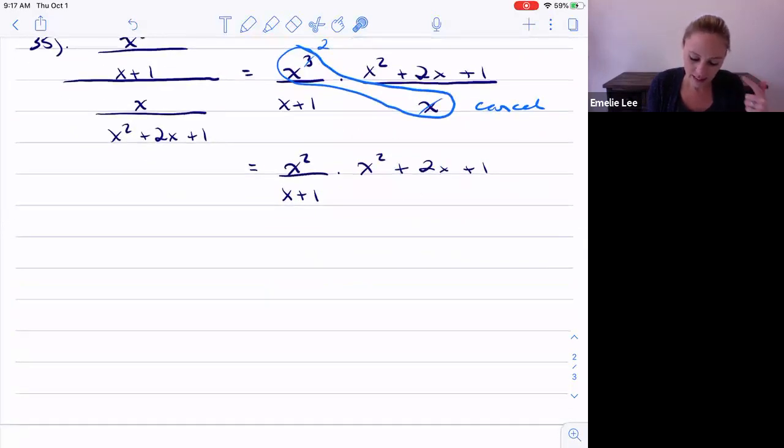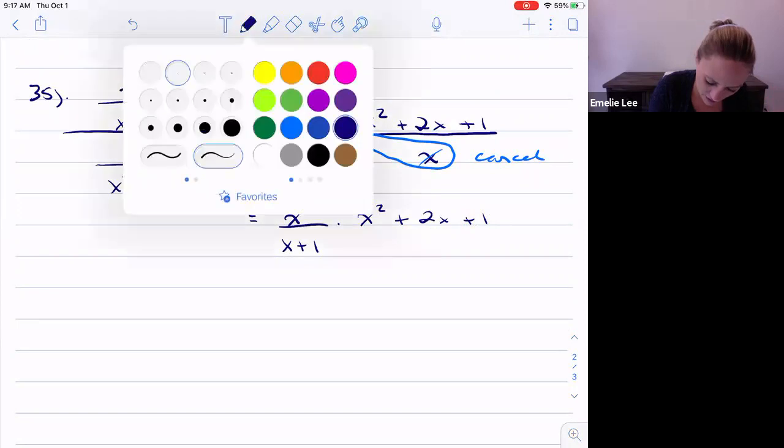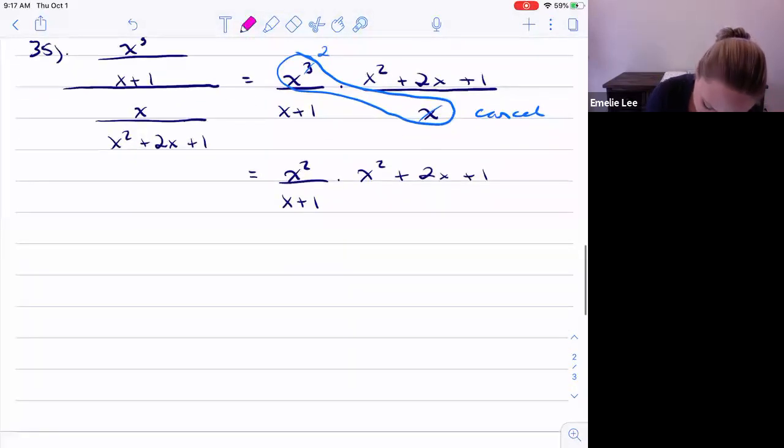Now, what you might have noticed already is that this looks like one of those special factoring formulas. We've got x squared plus 2x plus 1, and if you flip back to those special factoring formulas, you'll see that we can rewrite this as a perfect square.